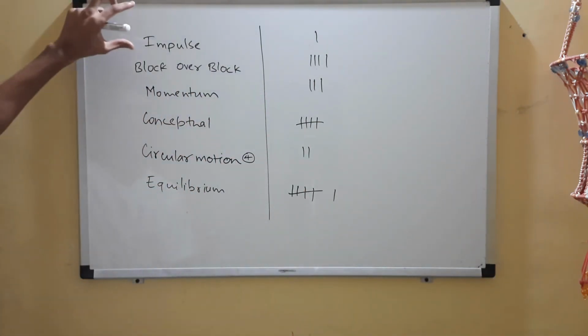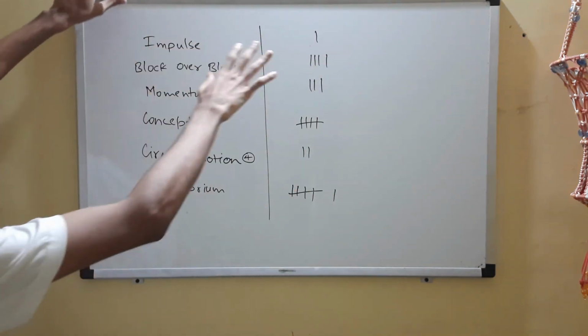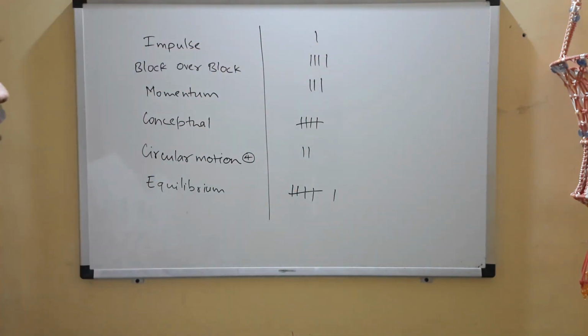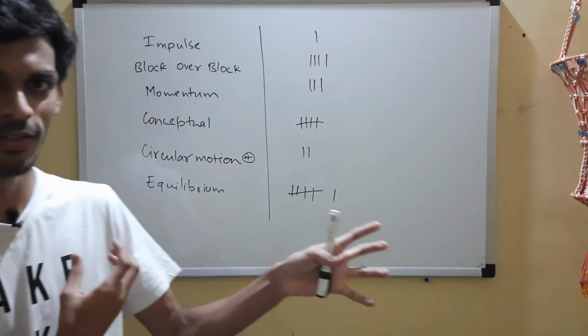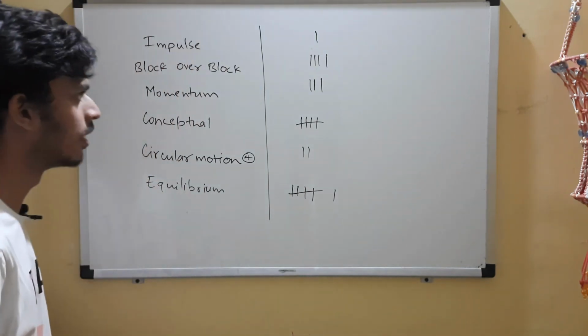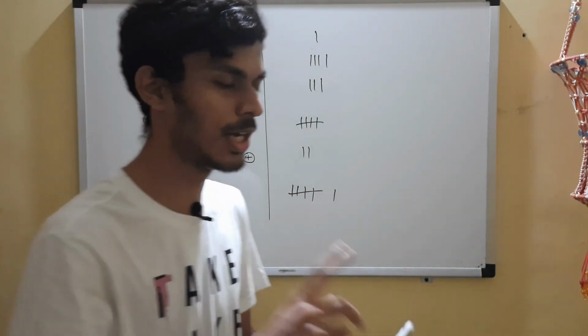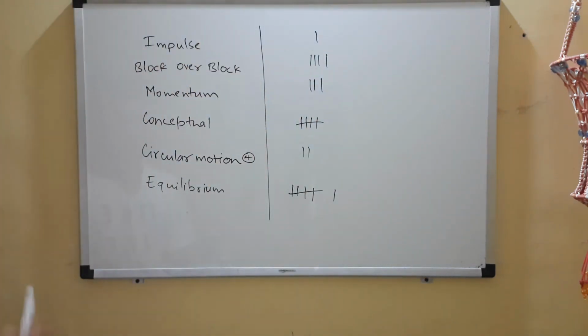So you have questions being asked from impulse. Here is the weightage. Block over block are also favorites of BITSAT. They are asked in a scattered way over the years, here and there. Momentum, you may be asked questions on momentum conservation, impulse momentum theorem, right? Conceptual questions are asked.